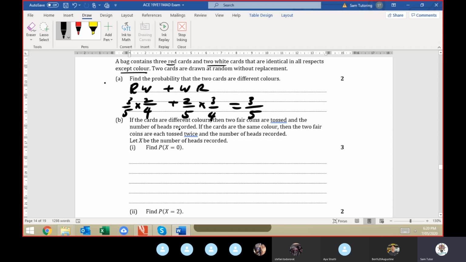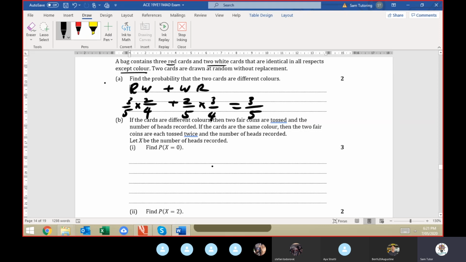If the cards are different colors, then 2 fair coins are tossed and the number of heads recorded. So just 2 fair coins are tossed once. Okay, yep, I get that. Number of heads recorded. Cool. If the cards are the same color, then the 2 fair coins are each tossed twice and the number of heads recorded. All right. So for this first case, let X be the number of heads recorded.